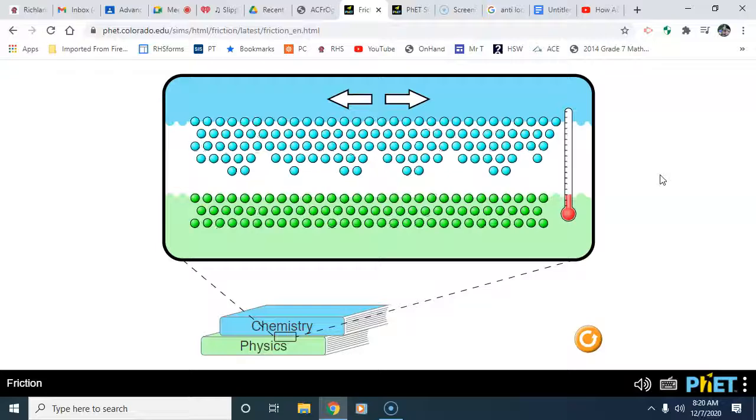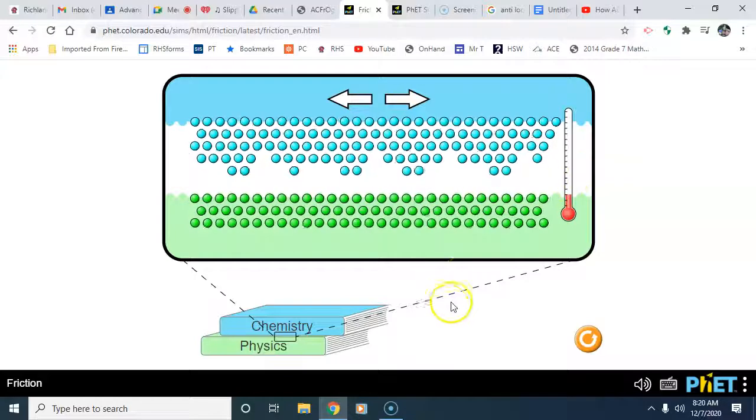Most tabletops feel very smooth to the touch, or maybe even your textbook. In this situation, it shows two textbooks over one another, and usually the covers of a textbook are very, very smooth to the feel. But on a microscopic level, even most things that feel smooth are bumpy and have a lot of bumps on them.